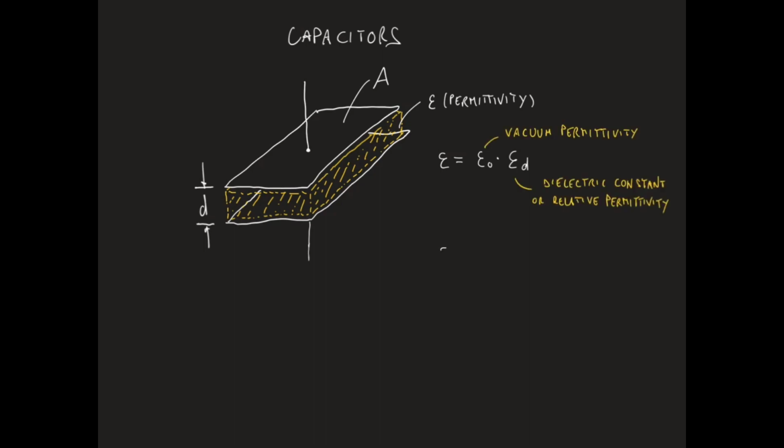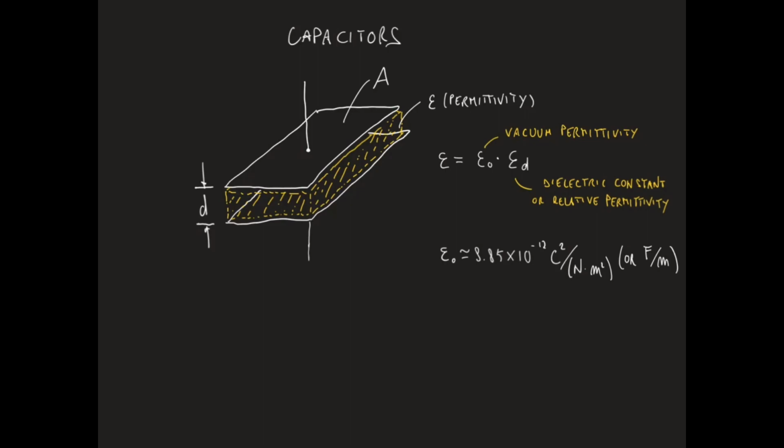The vacuum permittivity epsilon 0 is approximately equal to 8.85 times 10 to the minus 12 coulomb square over Newton per meter square, or farad per meter. The relative permittivity epsilon d is characteristic of the dielectric material used as an insulating layer between the two plates of the capacitor.